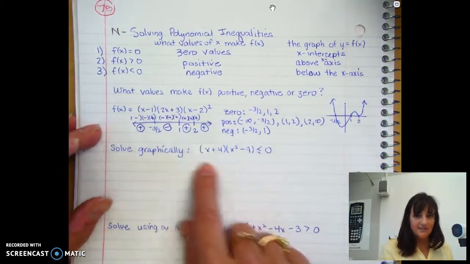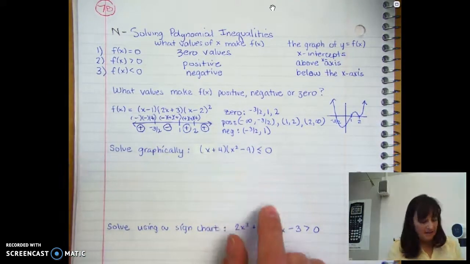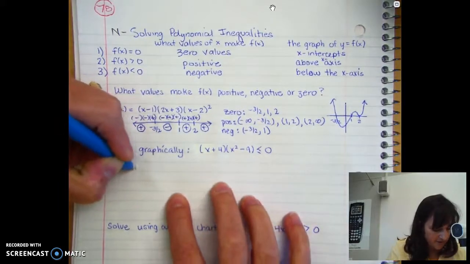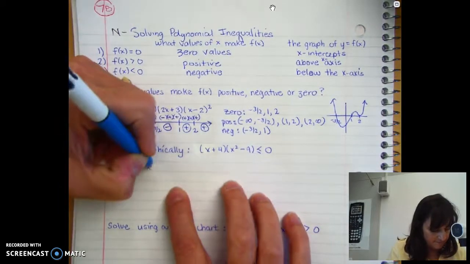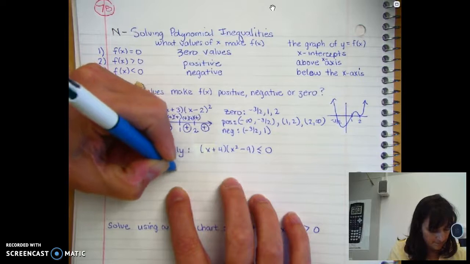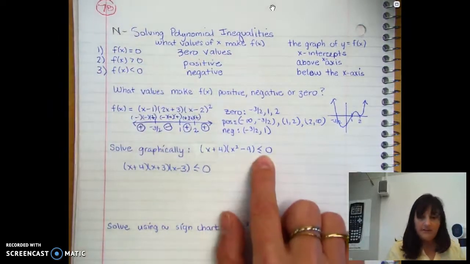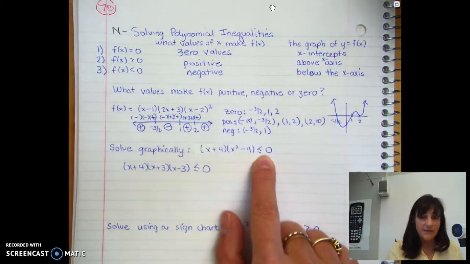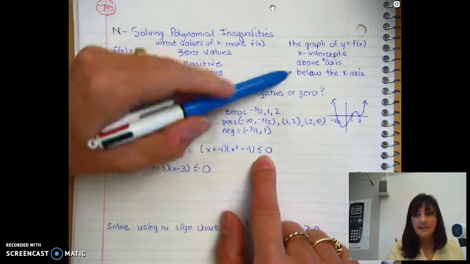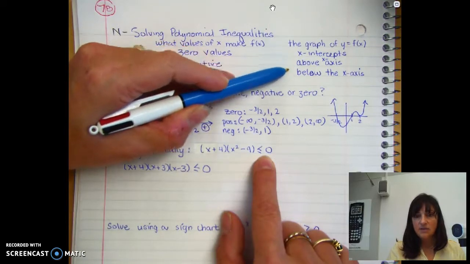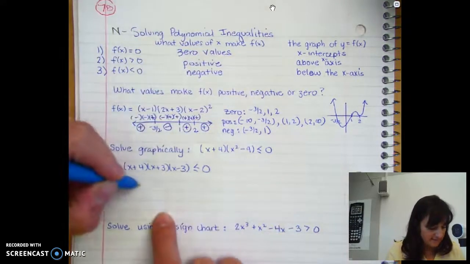All right, let's go ahead and solve this next one graphically. So I'm actually going to sketch the graph of this polynomial function after I finish factoring it. We want to figure out the values that make this one less than or equal to 0. So that means at the x-axis, the x-intercepts, or below the x-axis.